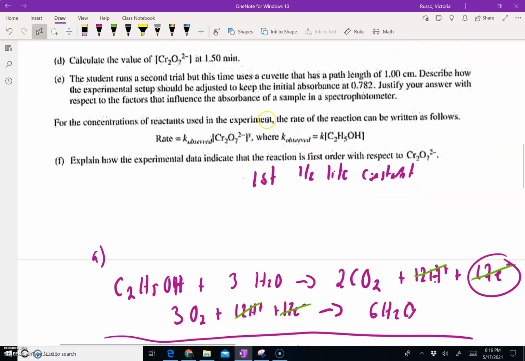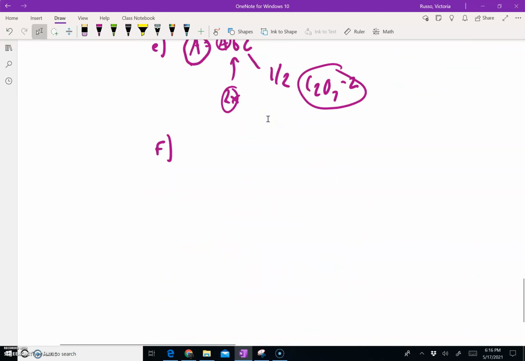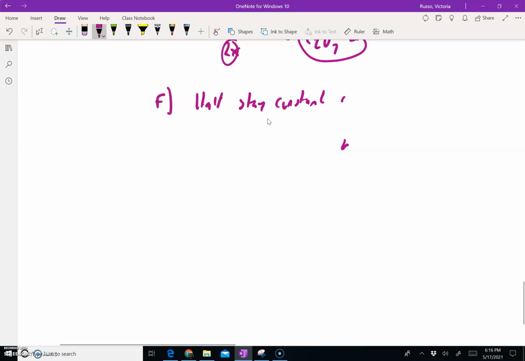So because the half-life is constant, when you were writing this out, you'd have to explain and show. Since the half-life stays constant at 3 minutes, the reaction is first order.